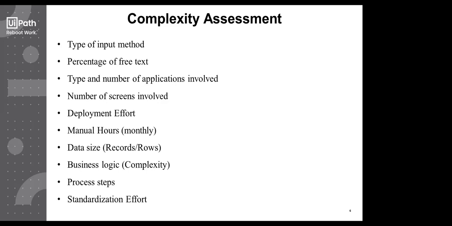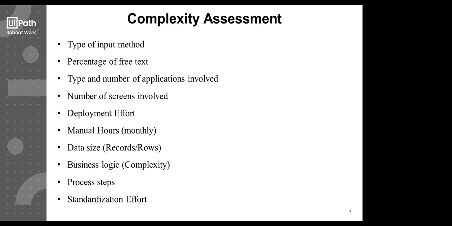The business logic: if it's just straightforward, skipping onto each screen and filling in the values or extracting certain values, or to fill a value you first have to apply business logic, and how complex is this business logic? For filling in or extracting a certain value, what rules are there that the bot has to first identify, whether it's a simple yes or no, or a very complex business rule, like if field A is this, field B is this, then fields C and D are this, and then you have to do this.